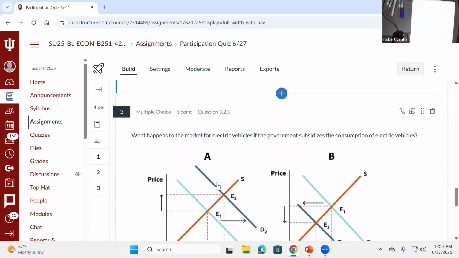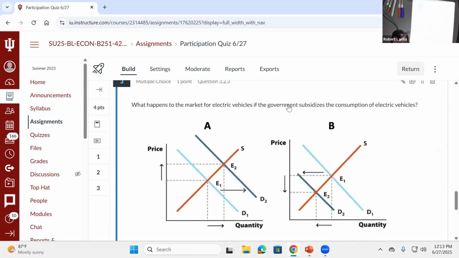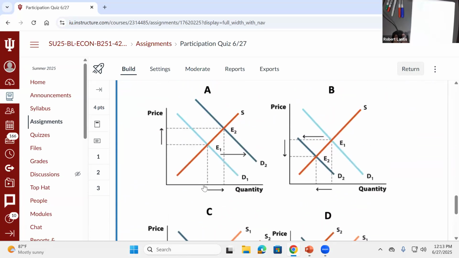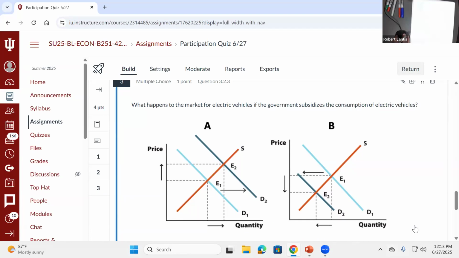And then that last one, if I'm thinking about consumers and I subsidize the consumption, giving people money for consuming a certain good, what's going to happen? Well, they're going to want to buy more of it. So we had this demand increase, or rightward shift, pushing the equilibrium price and quantity up. So our depiction that showed that was A. Okay.